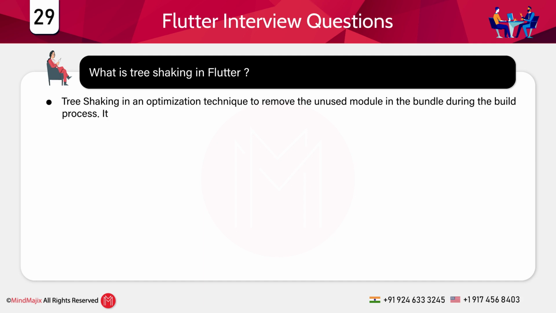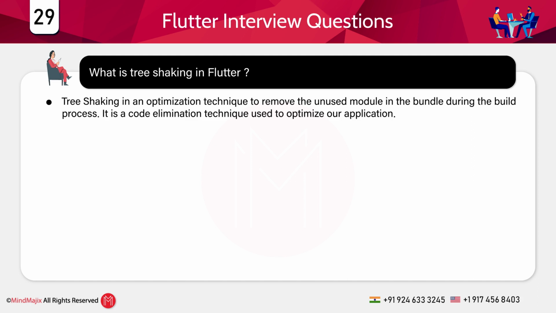It is a code elimination technique used to optimize our application. In simple words, while building our application, we have a lot of unused imports or code which is not necessary. This technique will help to reduce the bundle size.